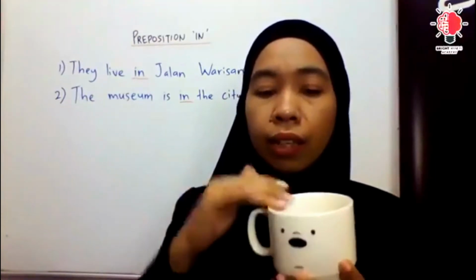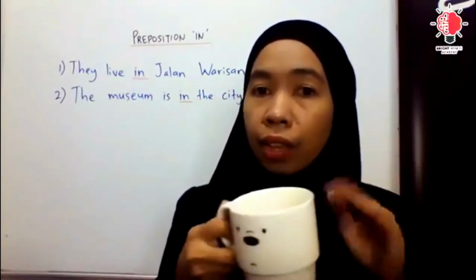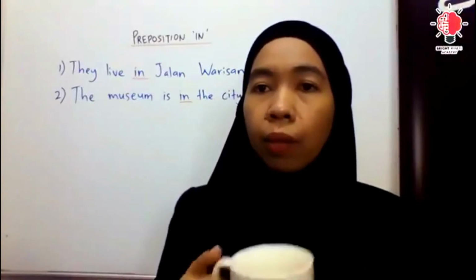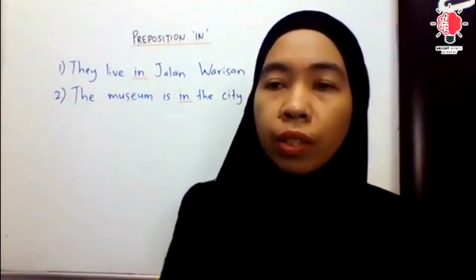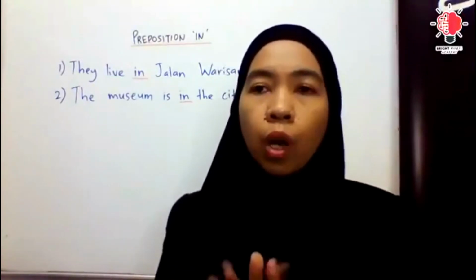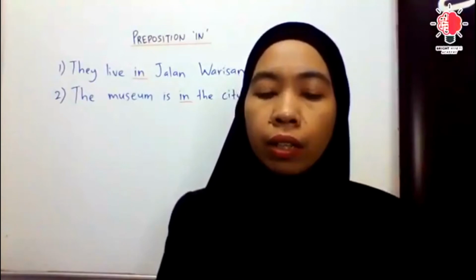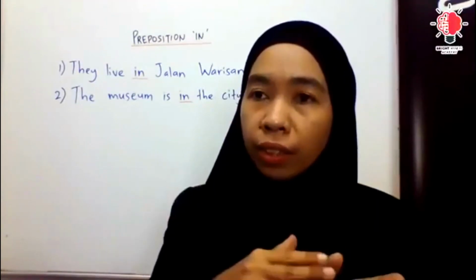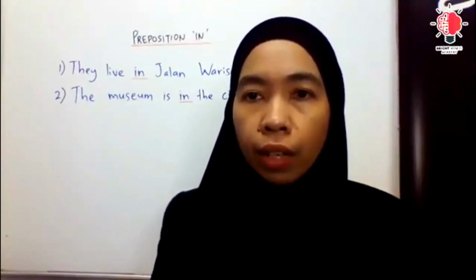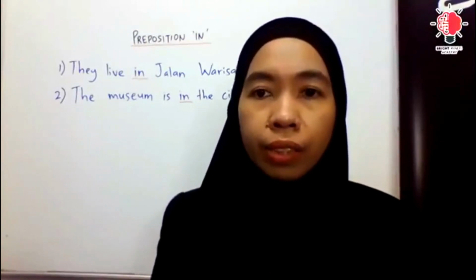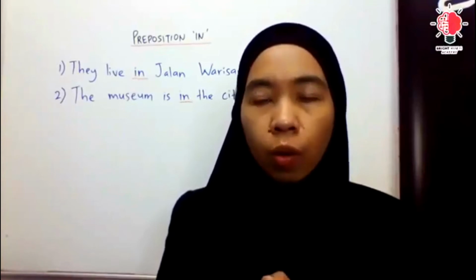This is the edges, this is inside, and this is outside the cup. But how about when we need to use it for an object where the edges are not so clear? For example, an area or regions or cities or a town.